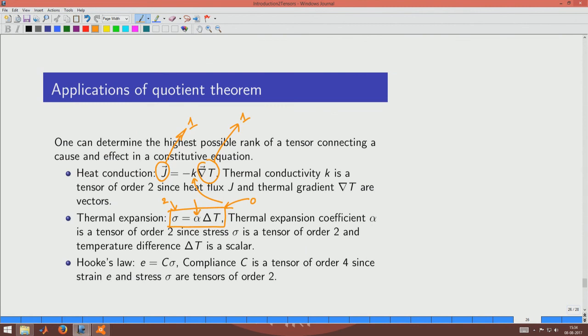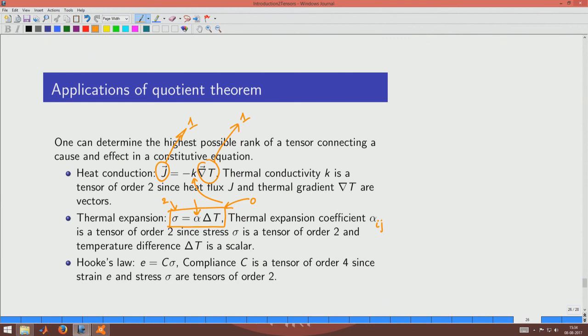Being a tensor of order 2 is adequate coming from the quotient theorem, and then later on we will see that when we have only one number to represent the thermal expansion coefficient, there must be some other piece of information reducing 9 elements of the thermal expansion coefficient to just 1. But the most generic way of representing alpha, the thermal expansion coefficient, is using a tensor of order 2. That is the right way to do it.